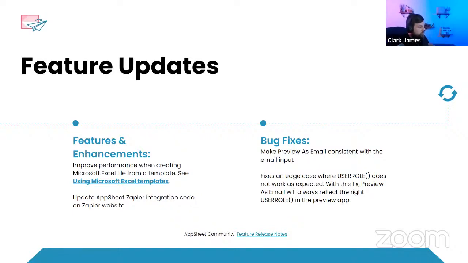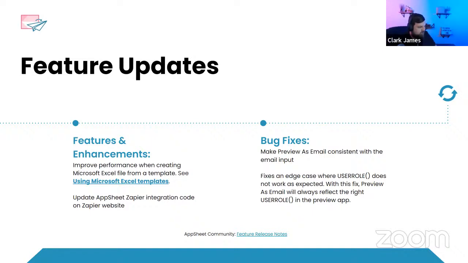But for this week's features and enhancements, if you are using Excel templates, they have improved the performance and the speed in which those are created. I know that in the past, making a simple Excel template took way longer than it needed to just to generate a template. So they have actually sped up that process quite a bit. And so it's going to feel a lot more like a Google Sheets template.